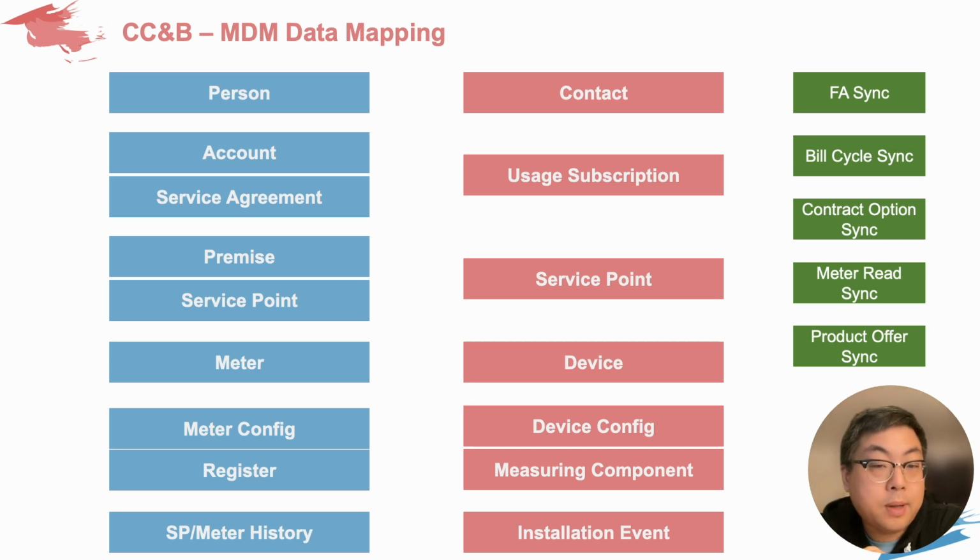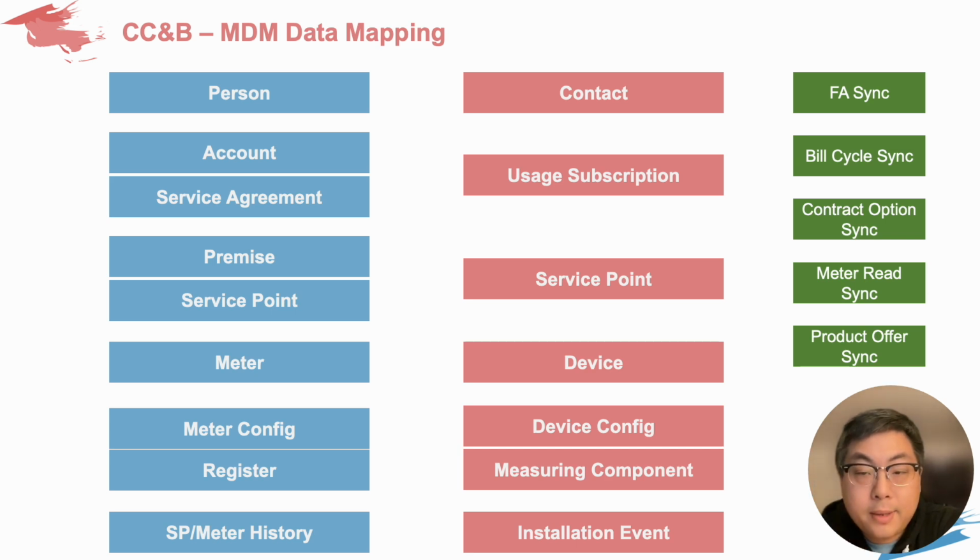So account and service agreement added together actually map to the same object in MDM, which is called usage subscription. A similar thing happens for the service point, and you can see this list of objects, how they've been linked, mapped and synced within the two systems.